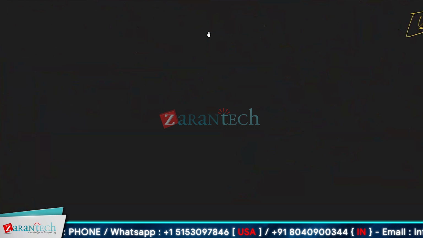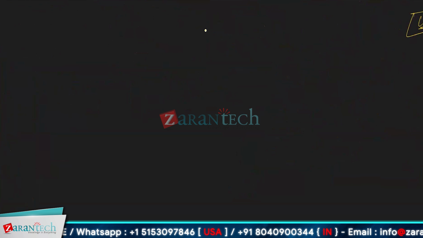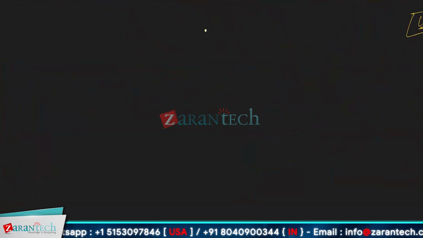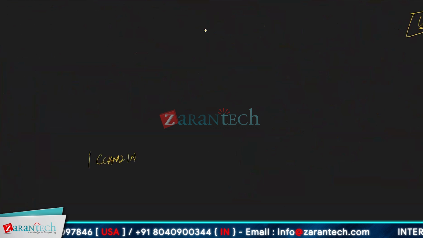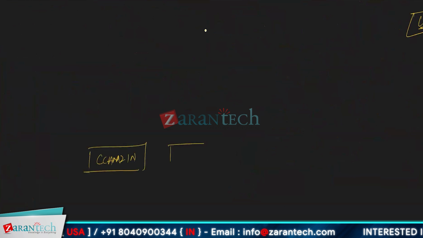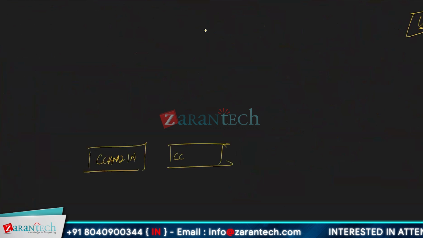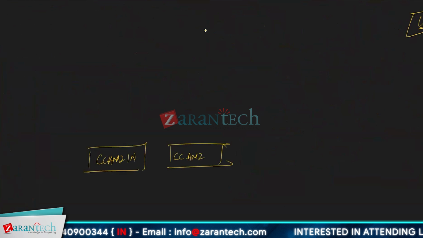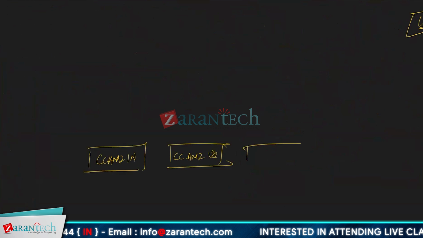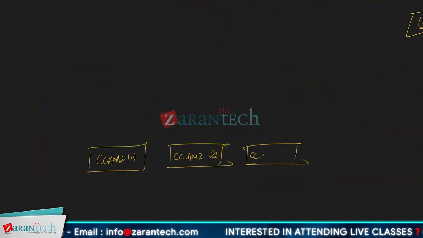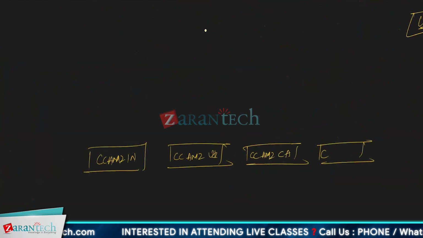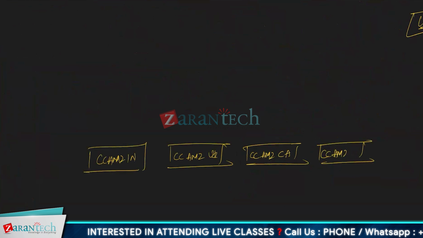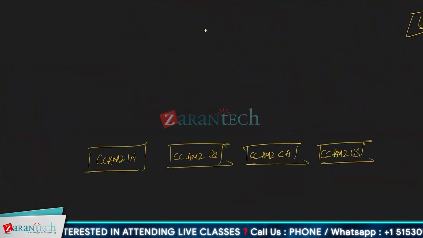similar to the location hierarchy, if you want to create a cost center hierarchy, now we have CC Amazon India, we have CC Amazon UK, you have CC Amazon Canada, and then CC Amazon US.